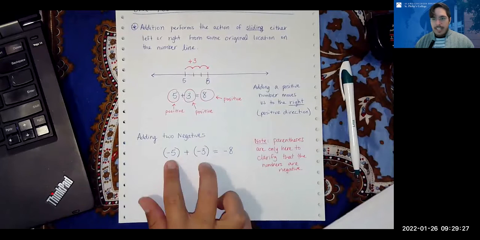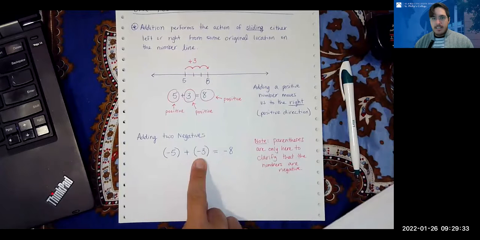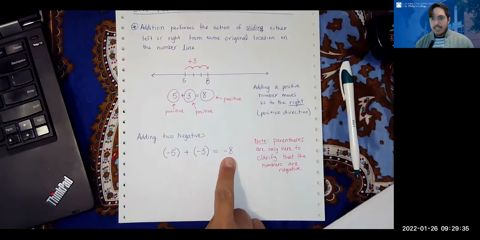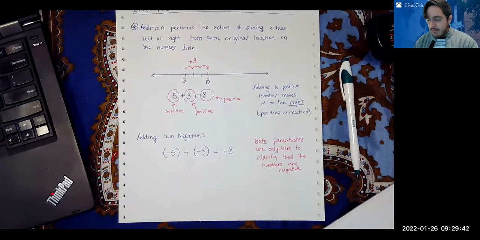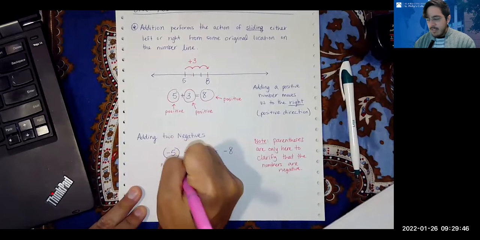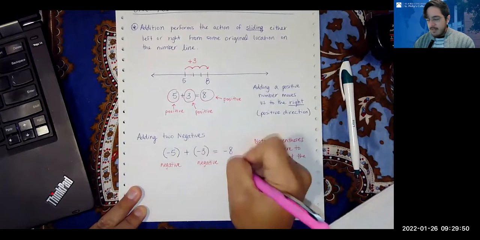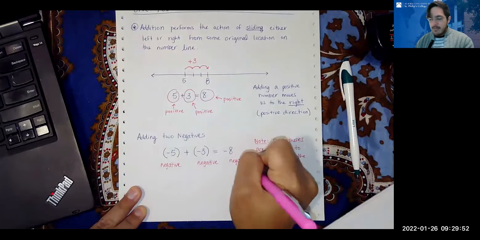Right, because we have a -5 and we're adding a -3 and we get a -8. Now I assure you that that is correct, but I want to be very clear, we're adding a negative plus another negative, and the result is negative. Does that make sense to everybody?